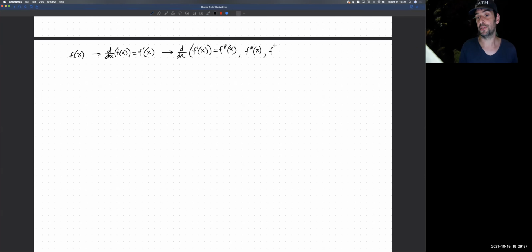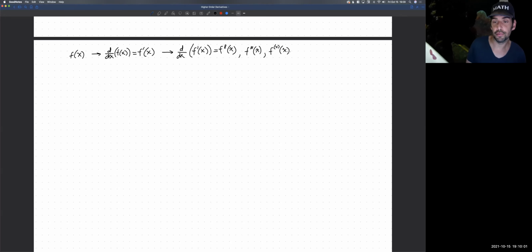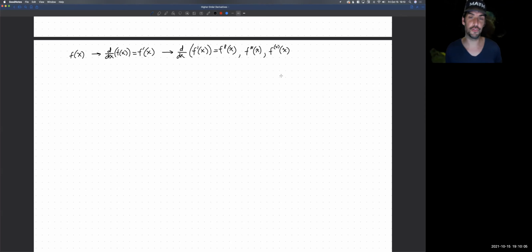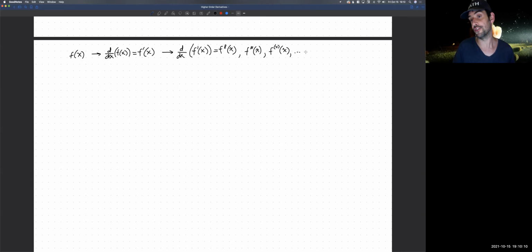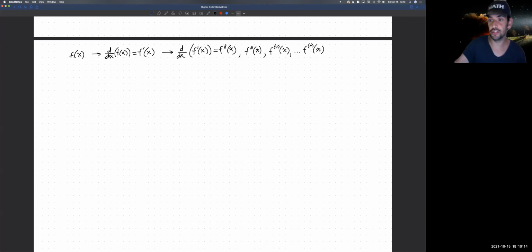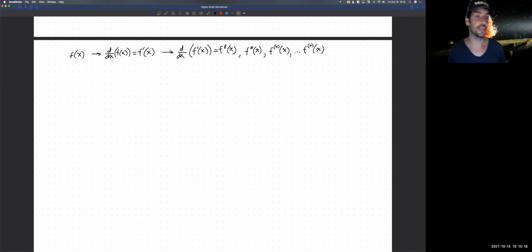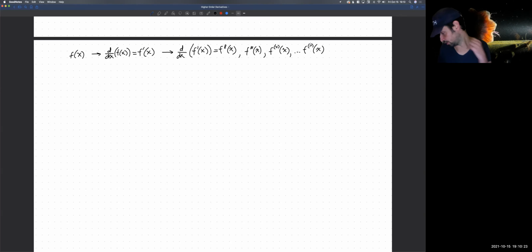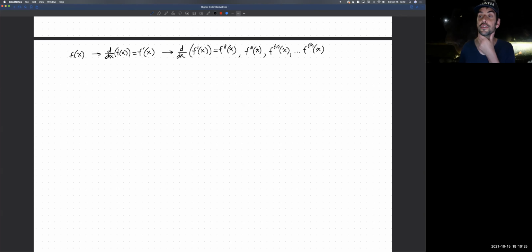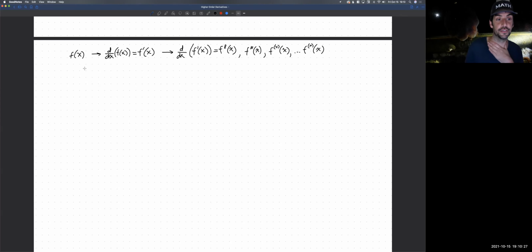Usually after this one, people start using little parentheses because it would get ridiculous to keep putting all these little hash marks there. But the first 2 or 3, people usually put the little hash marks. And there's no end to how far we can go, right? In general, there's some functions that might run out of derivatives or become undifferentiable at certain points and things like that. But in general, there's no reason we have to stop taking derivatives.